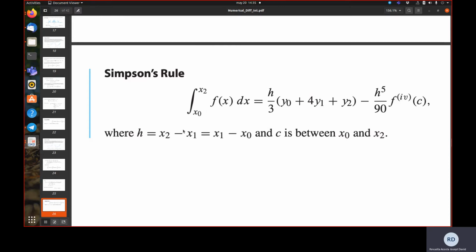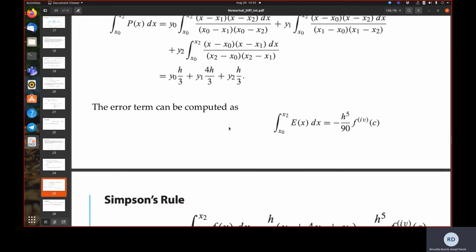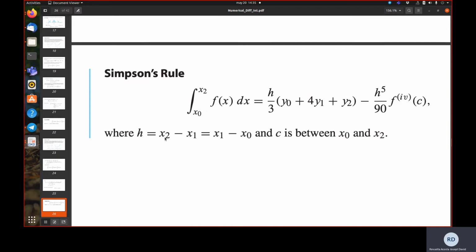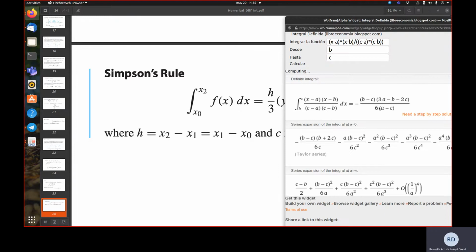If you actually use this definition here, this is as we had b minus a, and then these are going to be equal to a minus c.